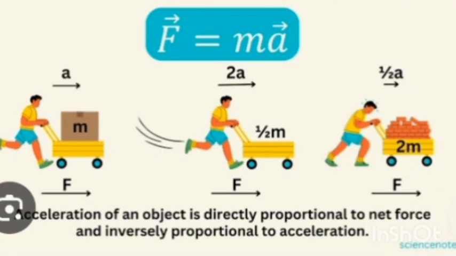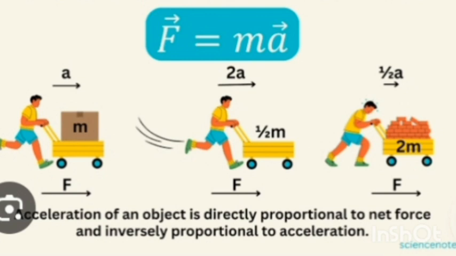This one consists of three men of different masses, pushing different masses with the same force. The mass for the first man is M, while the mass for the second man is half M, and the mass for the third person is 2M.